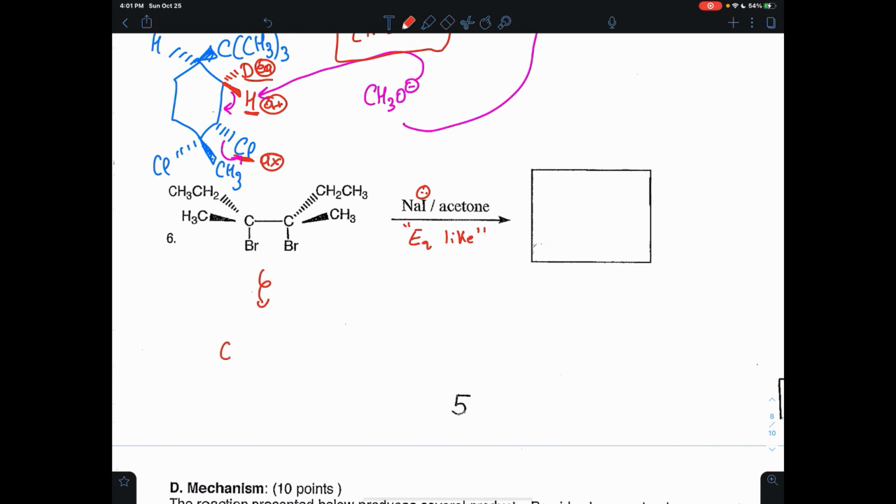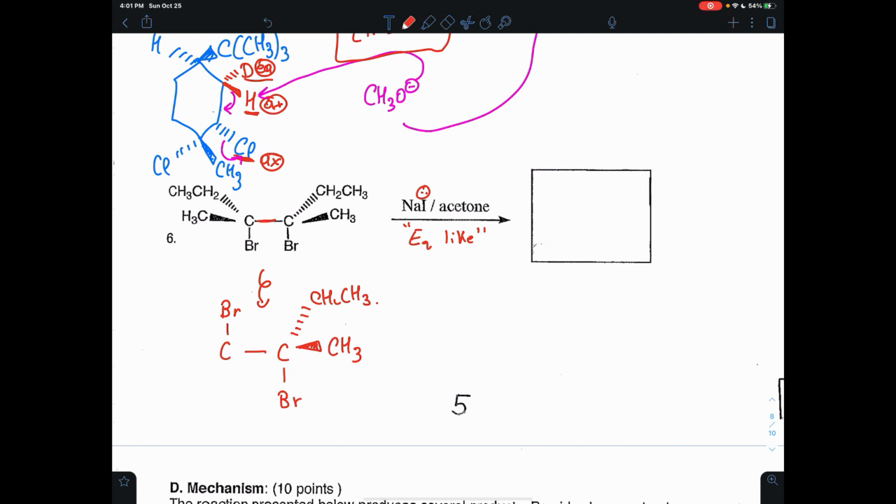So I want to have a Br up here, and this Br stays the same, with a CH3 right here, CH2CH3. I think that's the same example that she did in class. I'm not sure though. So once I flip this Br right here, how you want to flip it is like a propeller, right?